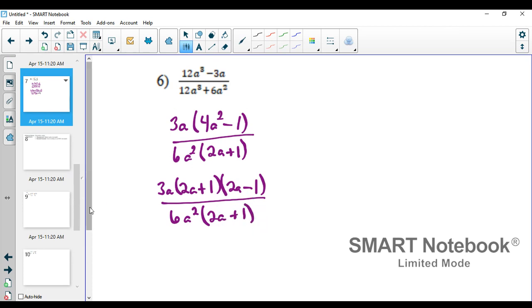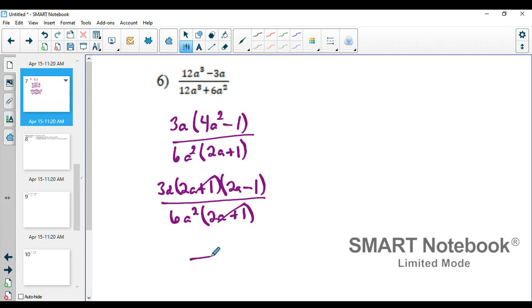All right, and now we are going to simplify what we can. So we obviously have the 2a plus 1 that are both in the numerator and the denominator. So those are going to cancel. So you can cross those out. And then we can simplify this 3a over 6a squared. So if you want, you can actually put a little exponent of 1 up here so you have an exponent to subtract from.